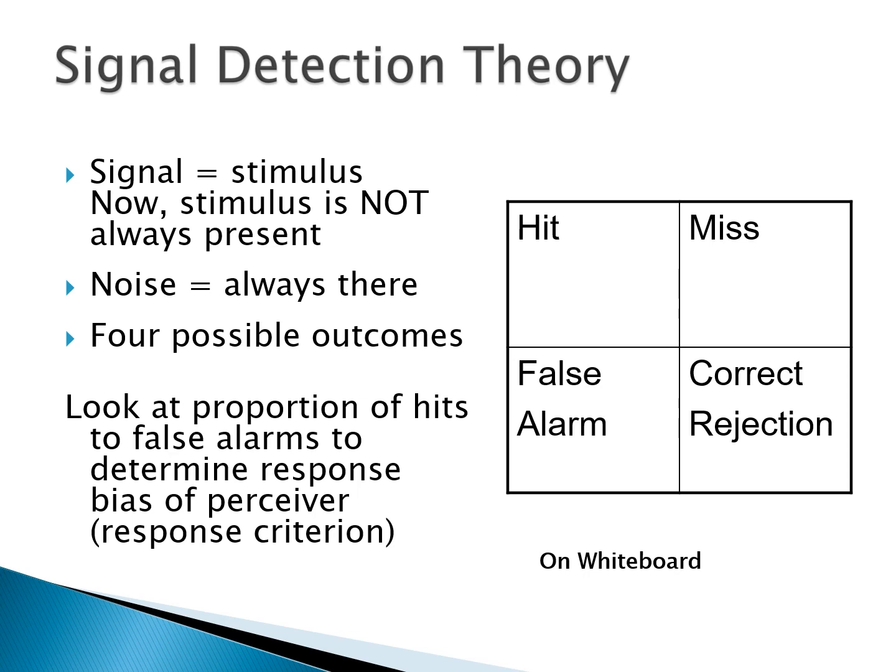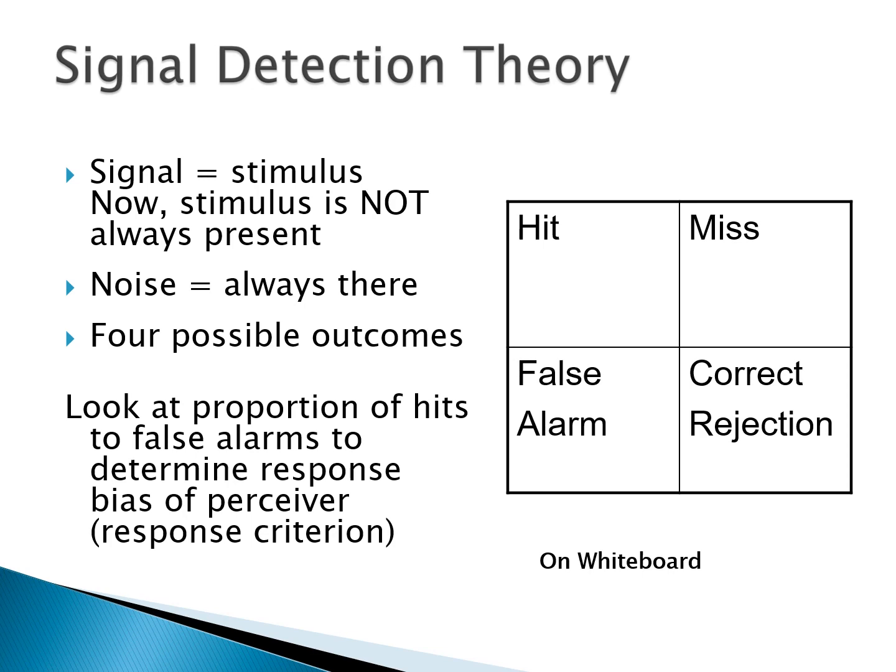We're going to choose some stimulus strength that we think is right around their absolute threshold, and sometimes it's going to be present and sometimes it's going to be absent. We know that noise is always there, that they always have this uncertainty and they have differences in motivation. So we're going to see 4 possible outcomes.